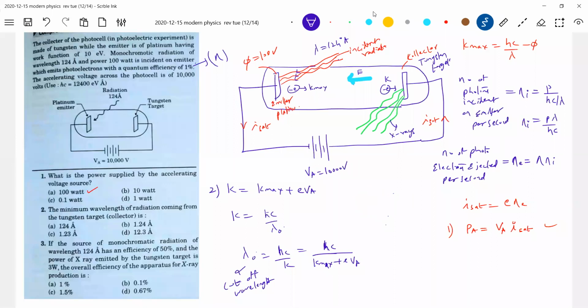Okay, let's come to the third one. If the source of monochromatic radiation of wavelength has an efficiency of 50%, tell me where you are going to change. The third one is very important. It's trying to drag you to some other idea now.